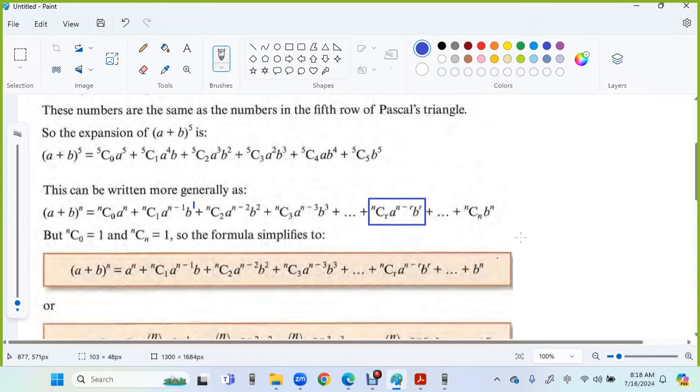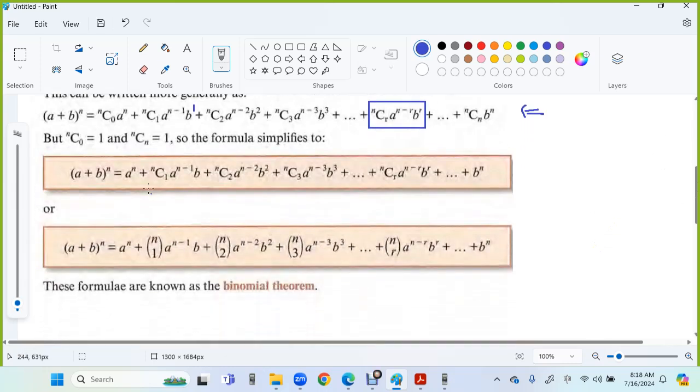But I prefer to use this form, because we can see a pattern there, compared to this one. The nC1 we can also write in this form. The nCr we can also write as nr, but I prefer to write nCr. So this formula is known as the binomial theorem.